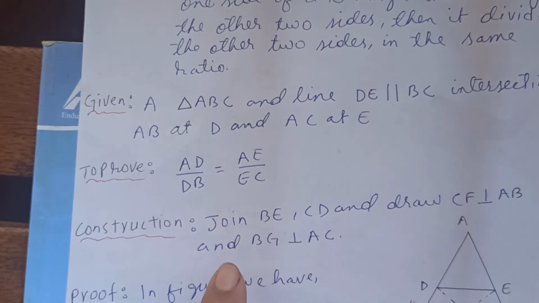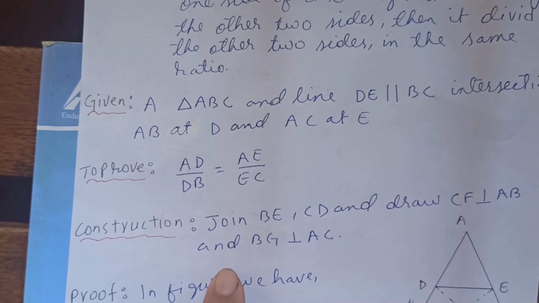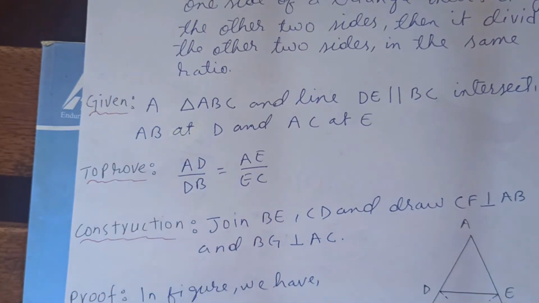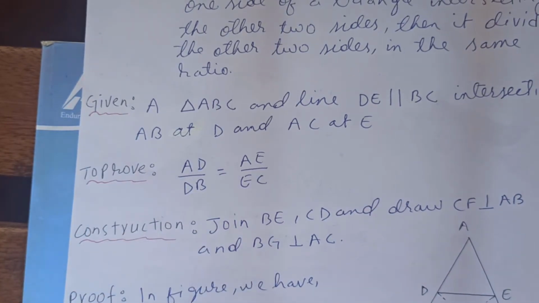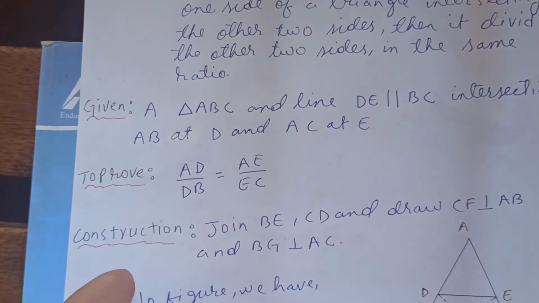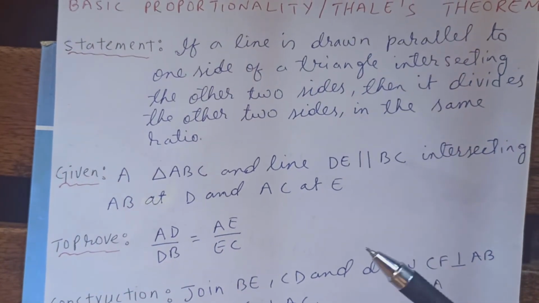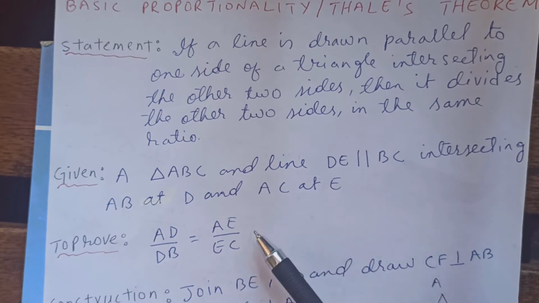Without construction also, if you can prove it, then there is no harm. But if we do a construction, it will be easier to prove what we are trying to prove.